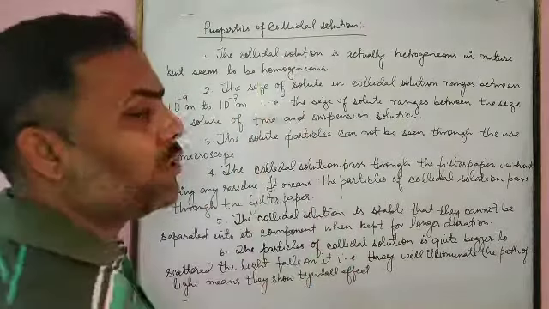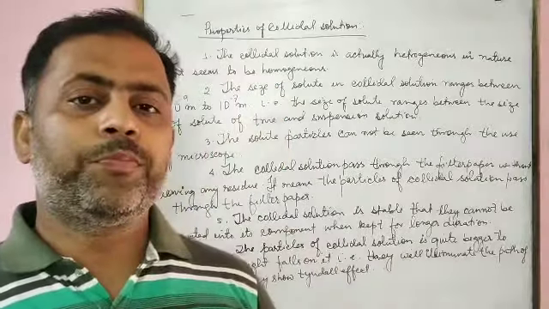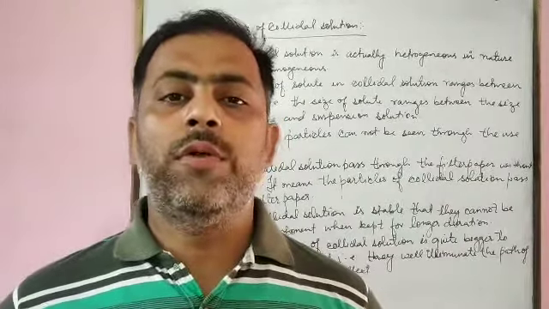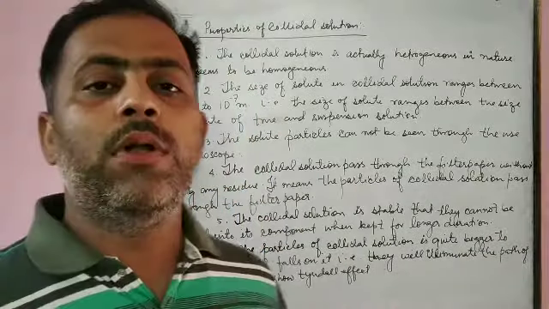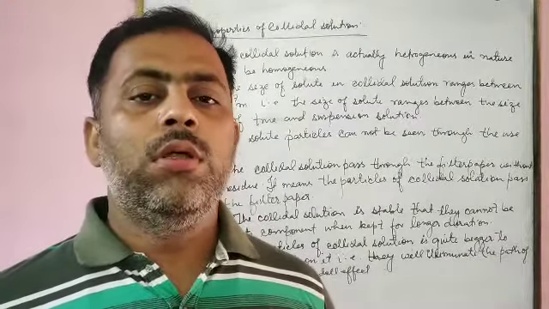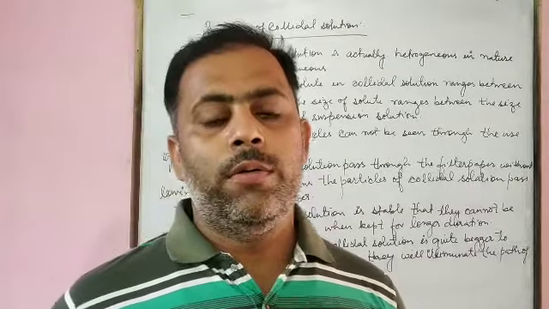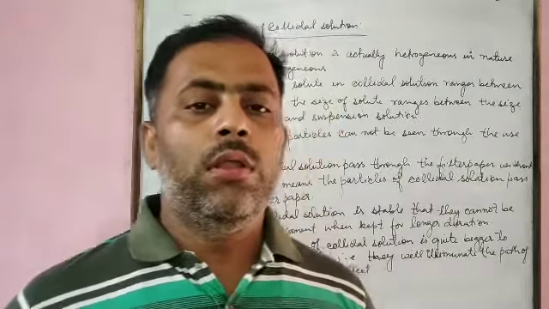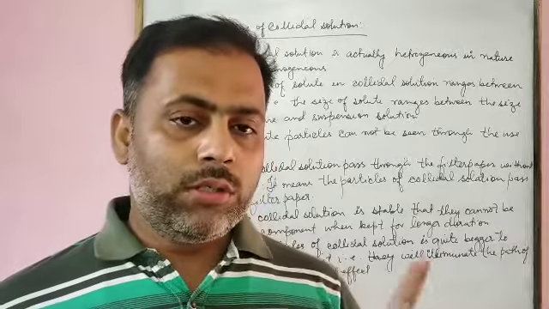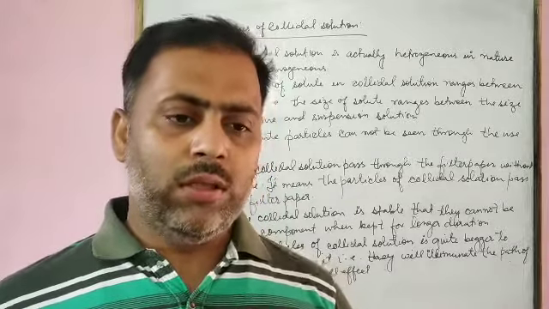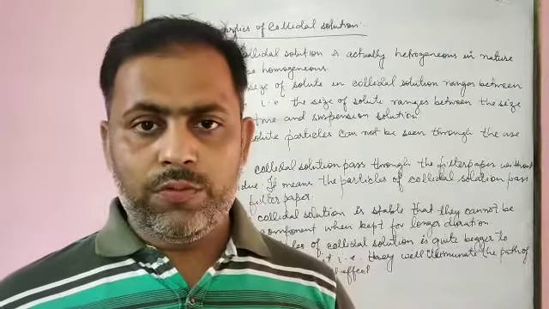These are the properties of colloidal solution. If we want to distinguish the colloidal solution from true solution, then we have seen most of the properties of colloidal solutions are similar to that of true solution. But one property, that of scattering the light falling on it, is used to distinguish physically in the laboratory the true solution from colloidal solution.